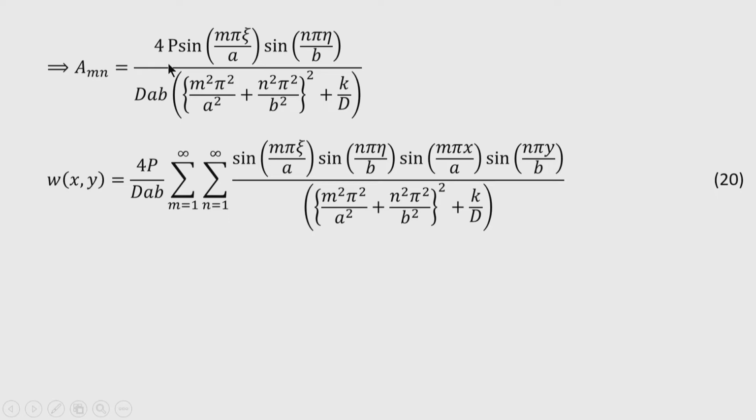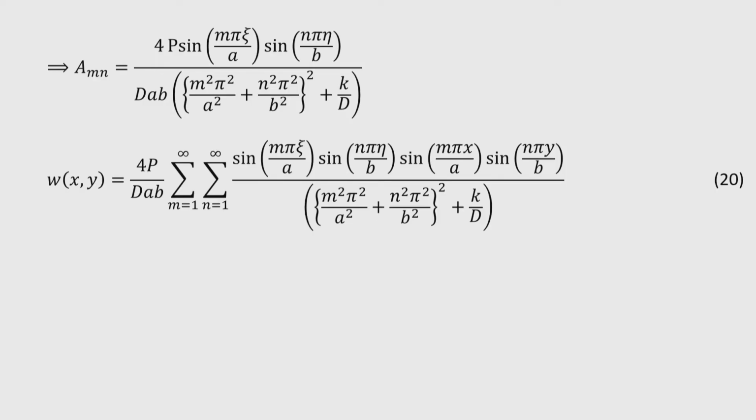Once Qmn is obtained, you can get Amn. Amn contains Qmn, it also contains the flexural rigidity, the dimensions of the plate, and in this case the modulus of subgrade reaction also appears in the expression, along with the wave numbers m and n that appear due to the assumption of a double trigonometric series for the deflection function.